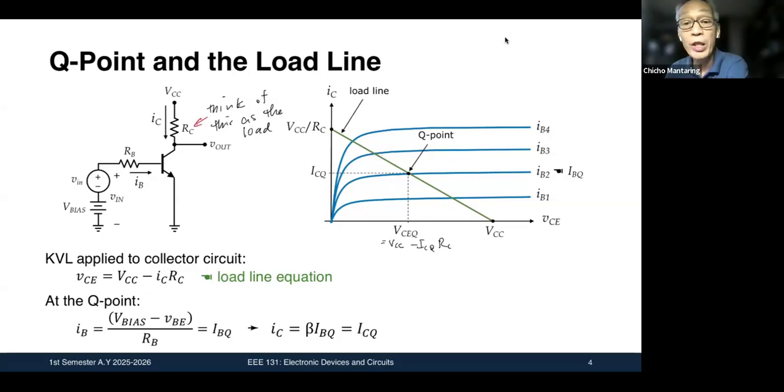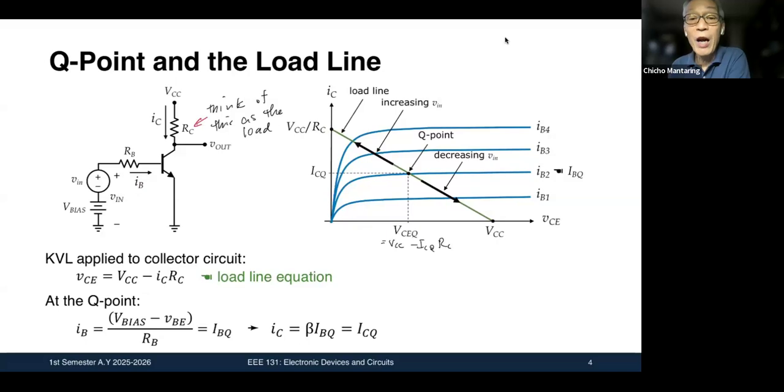So when my input is positive, okay, this is increasing Vin, my transistor will now be operating along this line in the upward toward the left direction. So my output will actually be decreasing. My collector current will be increasing, but my output will be decreasing. On the other hand, when my input is decreasing, obviously it's going to be going in the opposite direction. So this is decreasing Vin.